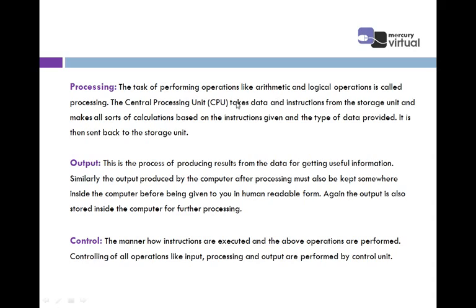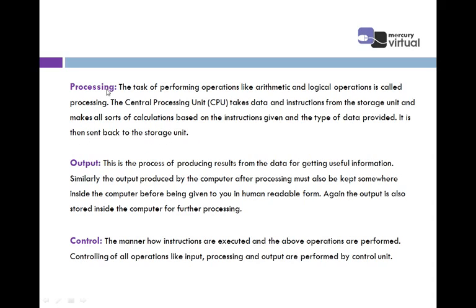The CPU takes data and instructions from the storage unit. As I told you, the storage unit is basically used for storing purposes. It makes all sorts of calculations based on the instructions given and the type of data provided.